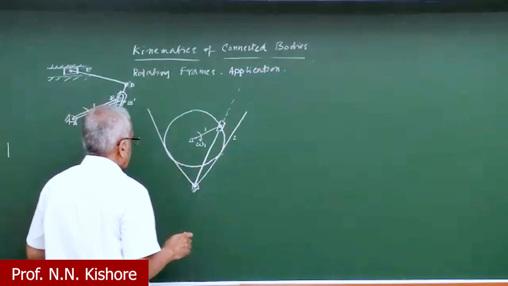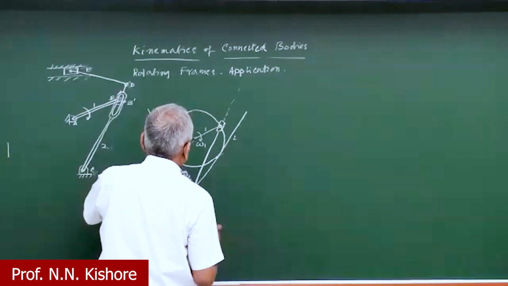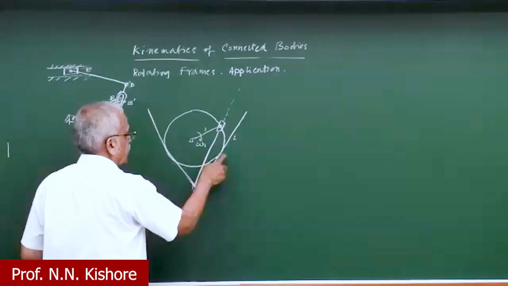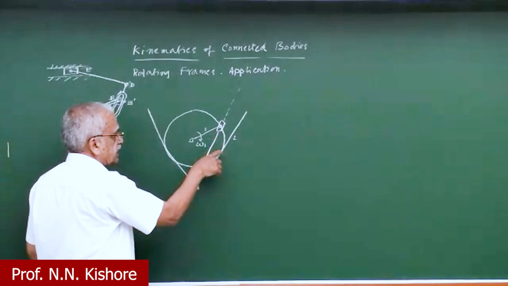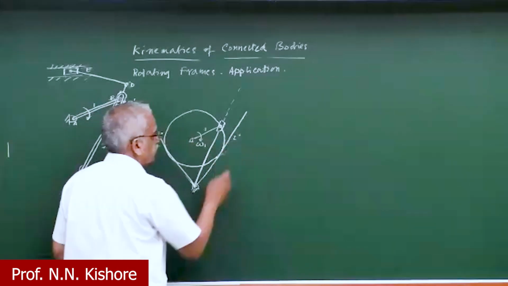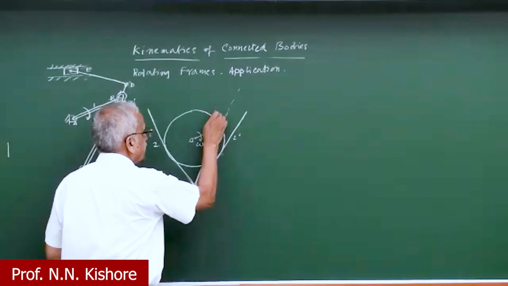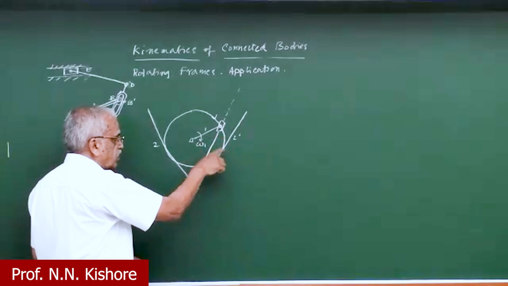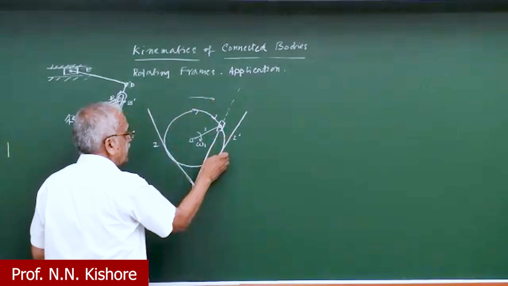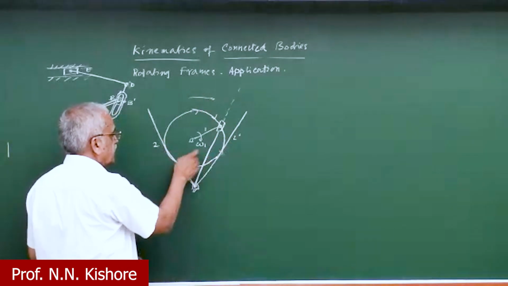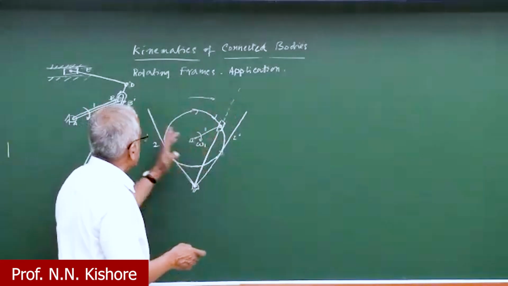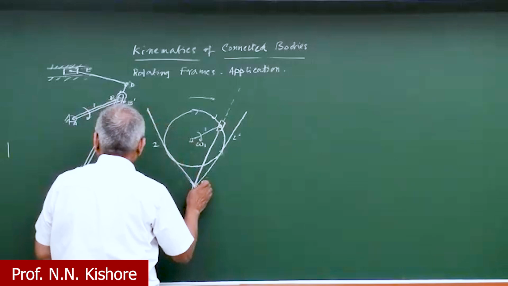Can you see that the two extreme positions are like this? The extreme positions are tangent to the circle here. So 2 goes from 2 to 2 prime. As this keeps rotating, it keeps pushing it out during this part. So it is going to go like this. And during this part of the motion, it is going to retract from here to here. So these are the extreme points.